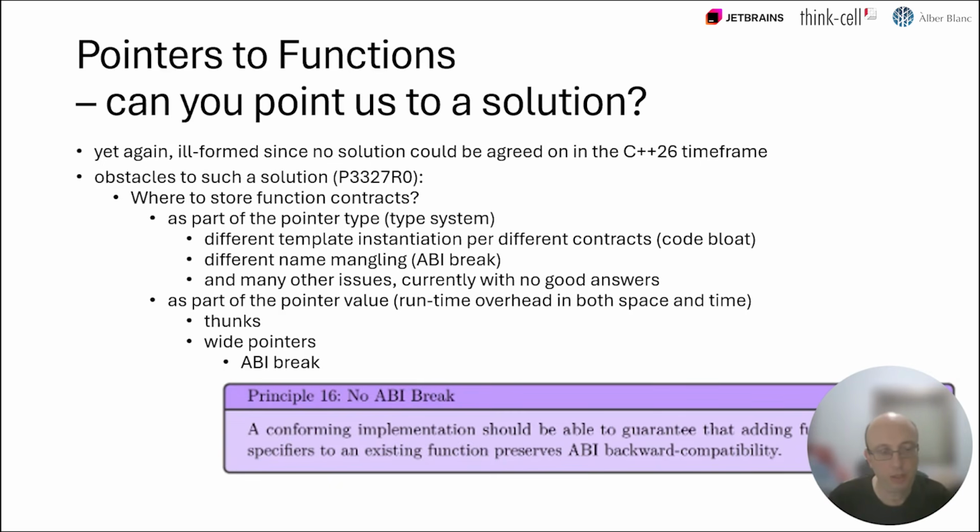That's both space and performance. Or alternatively, you could have wide pointers. Wide pointers carry extra info. I'm not sure that that would incur any serious performance penalty, but it would create ABI breaks.